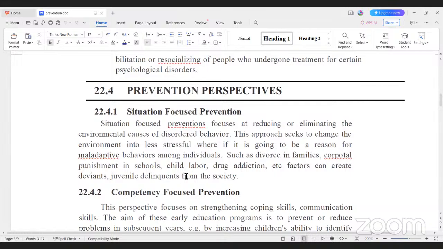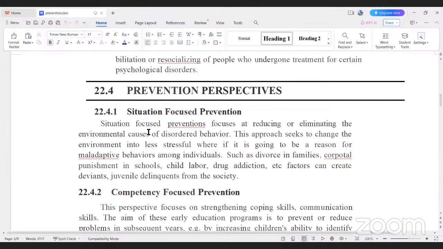This approach seeks to change the environment into less stressful, where it is going to be a reason for maladaptive behaviors among individuals, such as divorce in families, corporal punishment in schools, child labor, drug addiction, factors that can create deviant juvenile delinquents in the society.